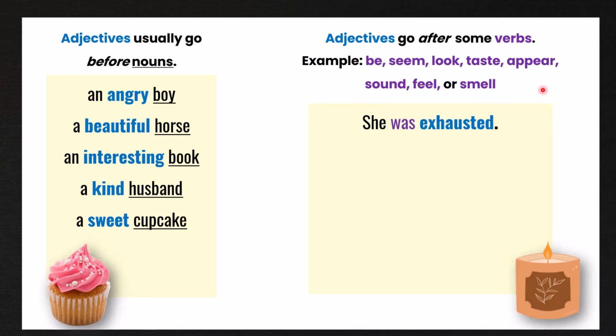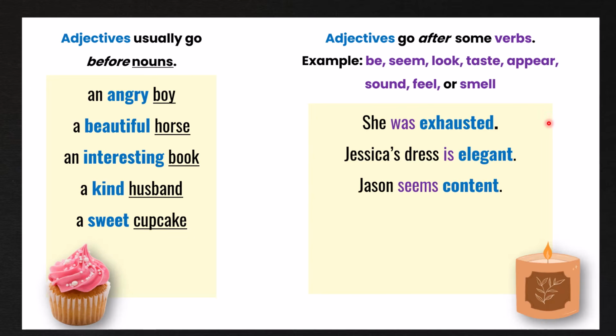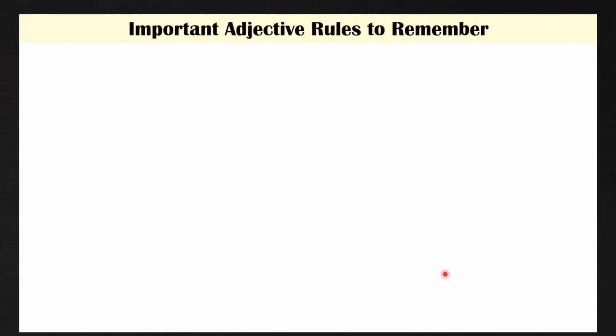For example, she was exhausted. Here we have the adjective after the verb. Jessica's dress is elegant. Jason seems content. You look gorgeous. The candle smells nice. So these are some important adjective rules to remember.